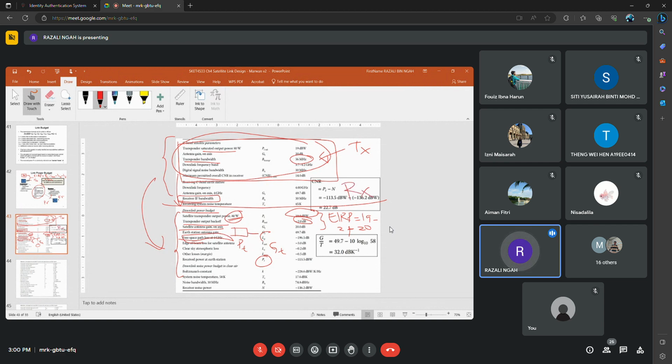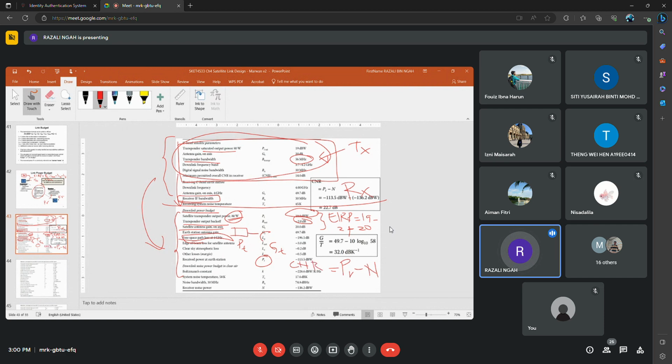Now I want to tell you that we need to determine the receive power. Then we want to determine the noise power, so that we can determine the carrier to noise ratio.